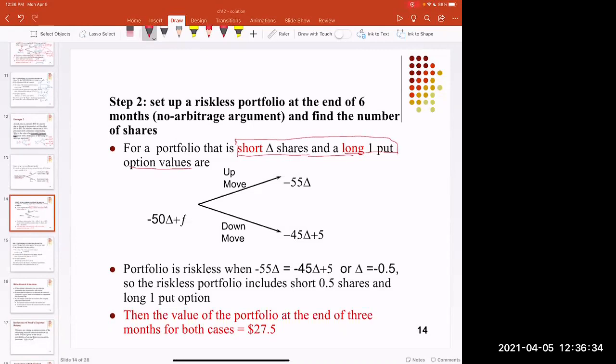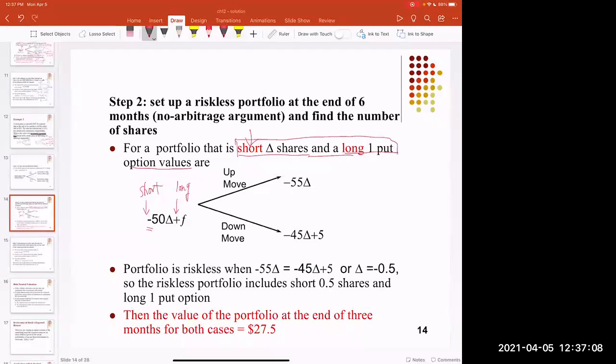Since you know the structure of the portfolio, you can calculate the value of the portfolio at time 0 and at the expiration day. You short delta shares, so negative. Negative means you short delta shares. So negative 50 times delta plus f, because you take a long position on the put.